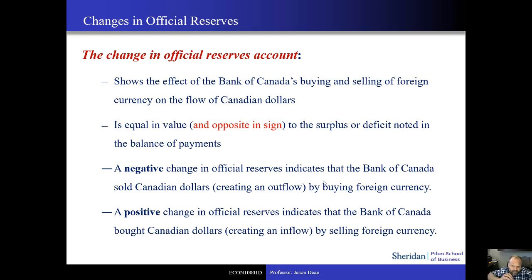So for example, if the balance in the current account was larger than the balance in the capital account, the whole net would be positive. So maybe we exported a lot of goods, and so there was a lot of foreign currency accumulated by the Bank of Canada, and that would be exactly offset with a negative change in official reserves, so that it would balance out to zero.